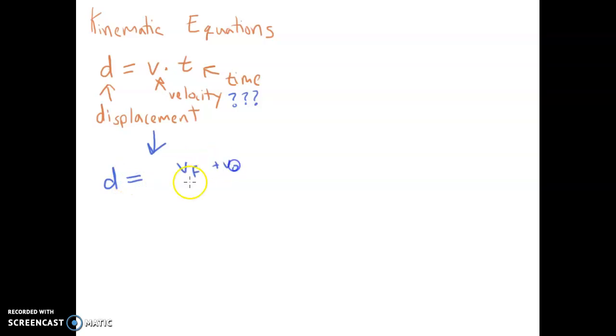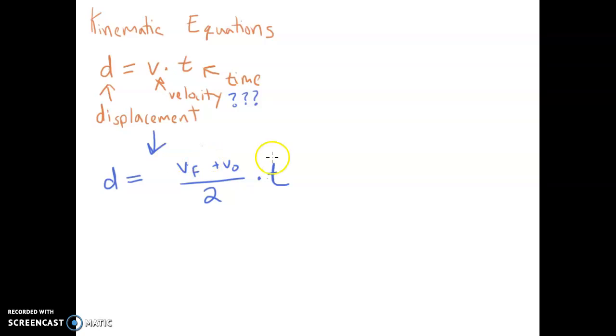which looks like this. The displacement is Vf plus V naught divided by 2 times T. And what we're going to see a lot is that in our kinematic equations, in our physics equations in general, we have these subscripts, right?